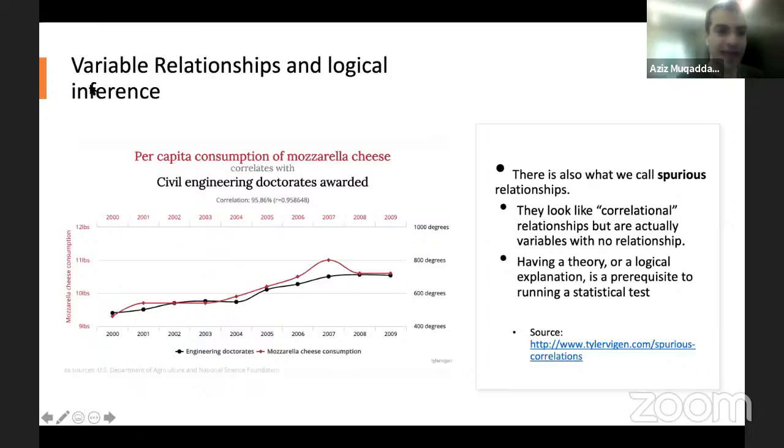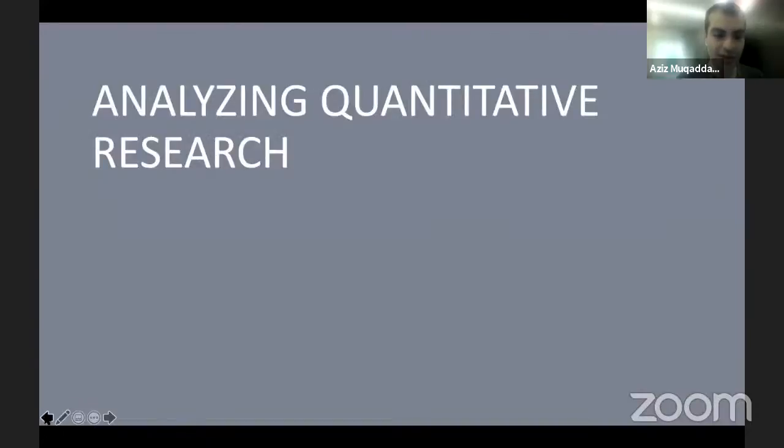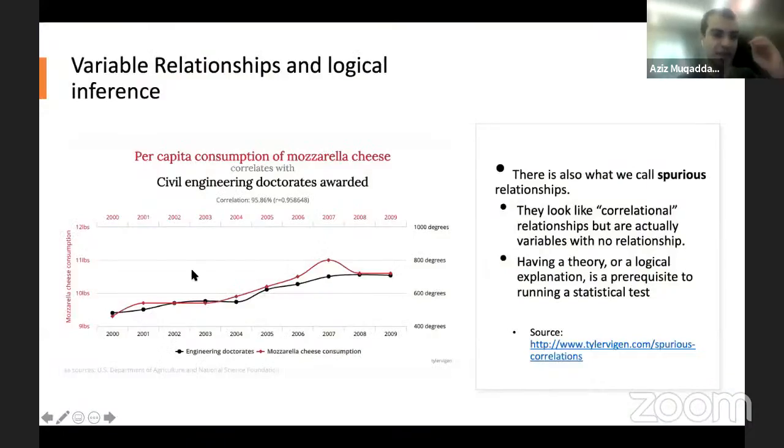Remember the idea we said in quantitative relationship is that you want to show some sort of cause and effect. So what we're yearning for is to show a causal relationship. But sometimes two things could just coincide.